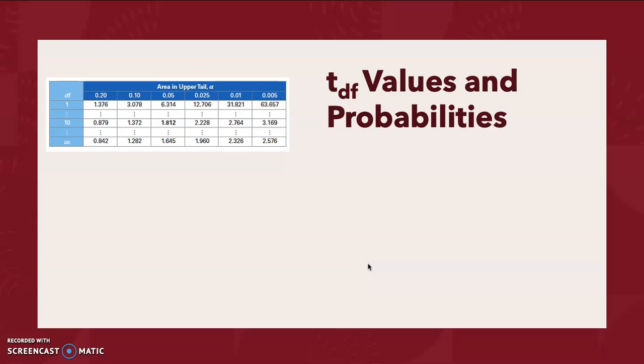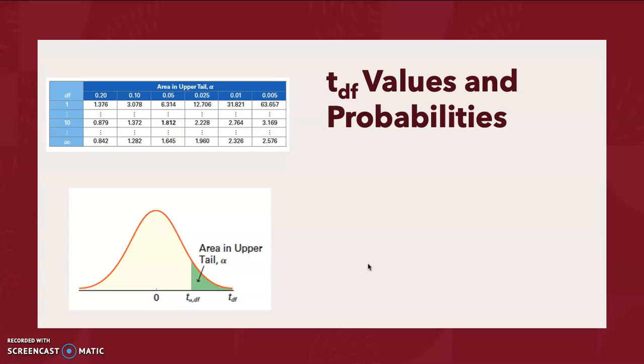It only lists probabilities corresponding to a limited number of values. Also, unlike the cumulative probability in the z-table, the t-table provides the probability in the upper tail of the distribution, as shown here by the green shaded area.